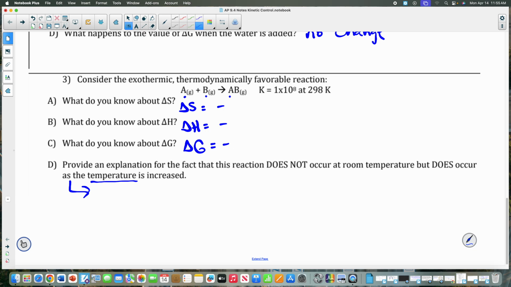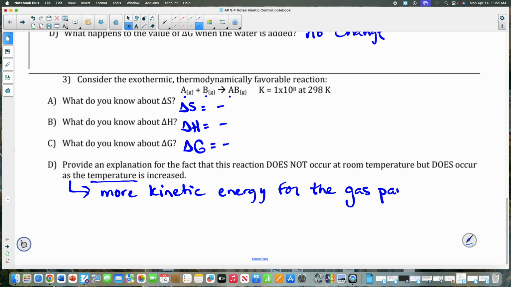So more temperature means more kinetic energy for the gas particles, which always leads to an increase in our effective collisions.